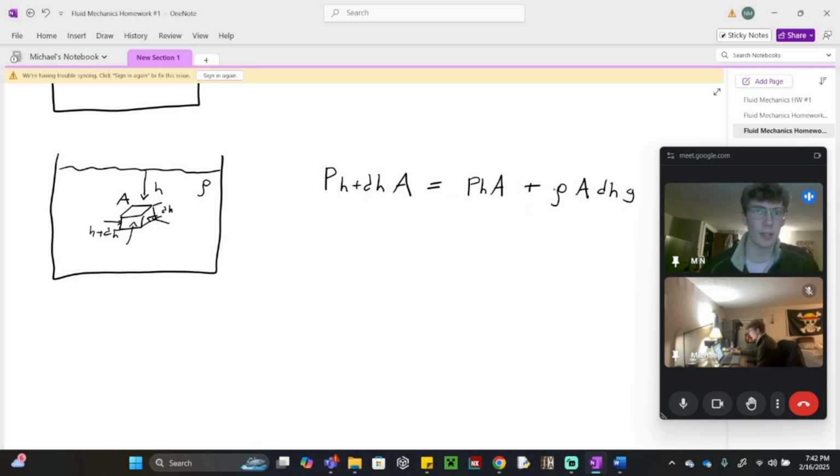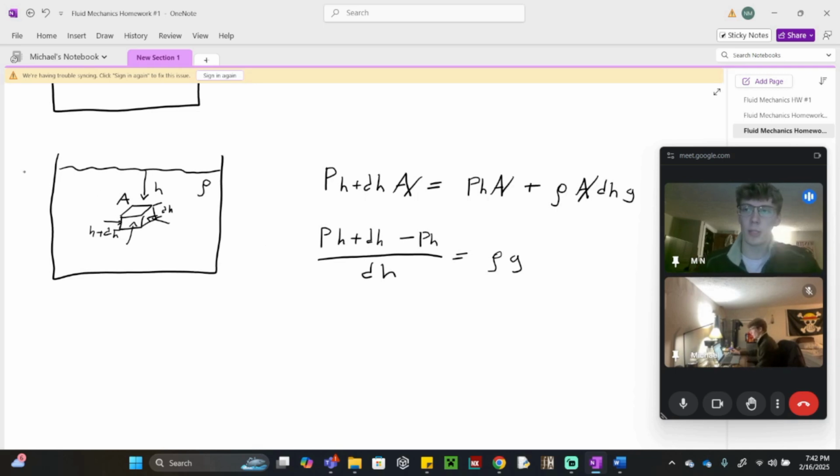Now we notice all three of these terms have A in them, so we can divide by A, which cancels. Simplifying this, we get p(h plus dh) minus p(h), all over dh, is equal to rho g.